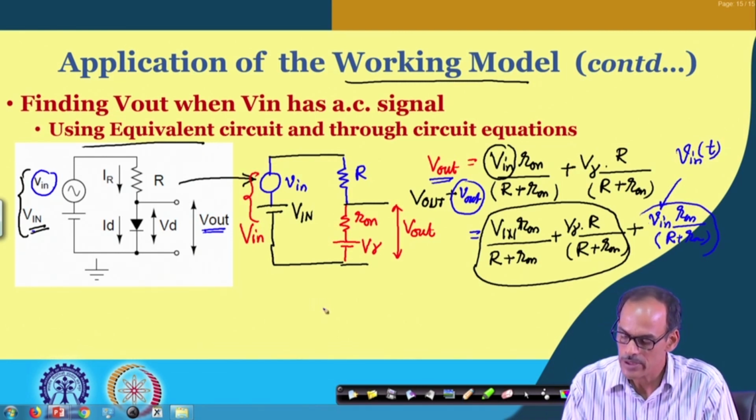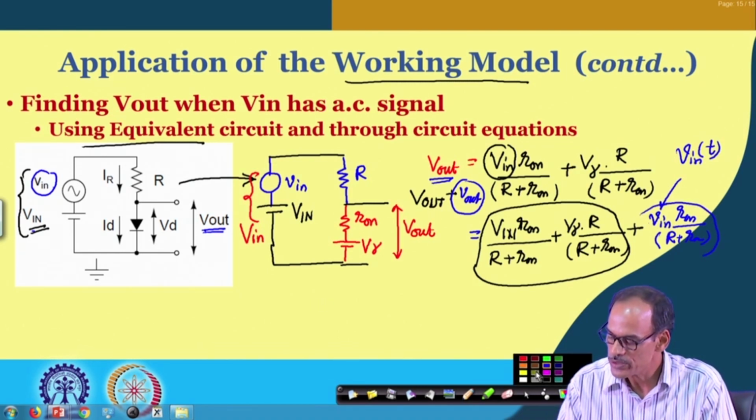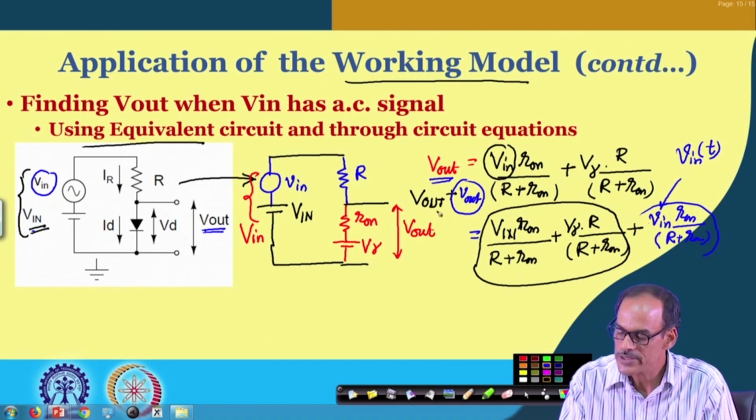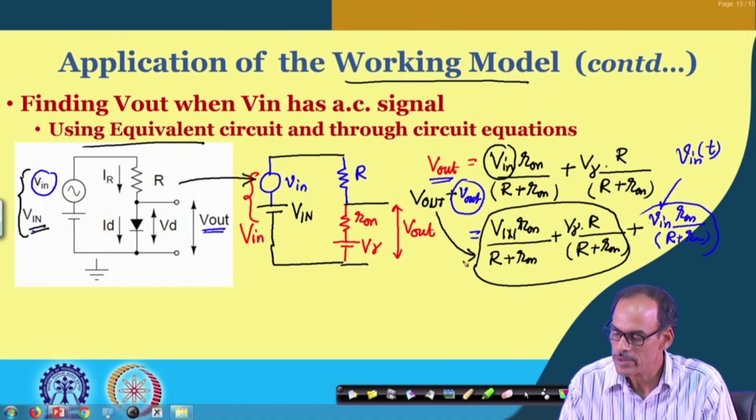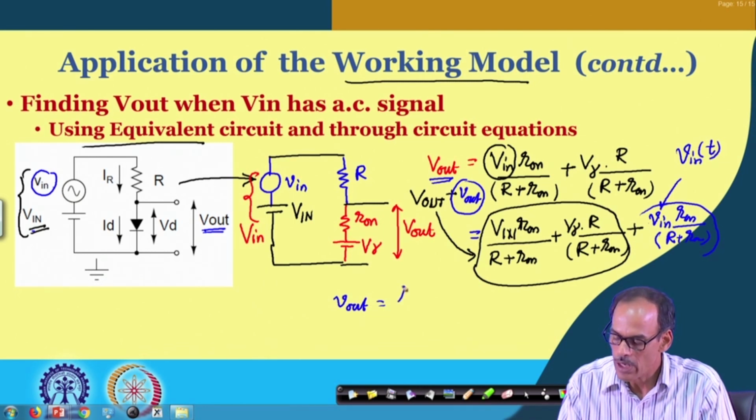So, we can say that capital V out, the DC part, has this expression, and the small signal V out, small V out, is R on divided by capital R plus small r into V in.